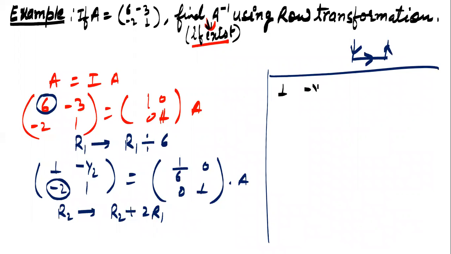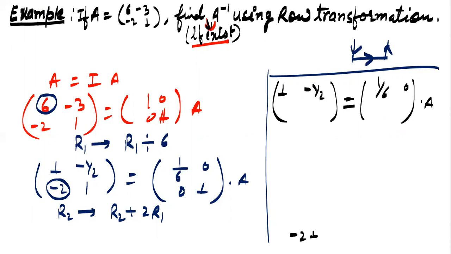R1 will remain as it is, both the sides. No change in R1. R2 plus 2R1, that is minus 2 plus 2 into 1, that is 0.